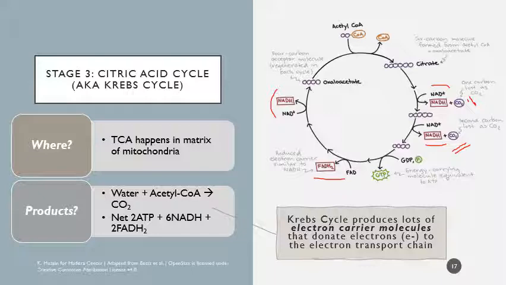So the Krebs cycle, it's kind of like if you're on a roller coaster, glycolysis is that first small dip, and then going up the Krebs cycle, now here we're really ramping up. We're getting a lot of that stored energy that we're going to be able to then use to generate a ton of ATP once we get into oxidative phosphorylation.